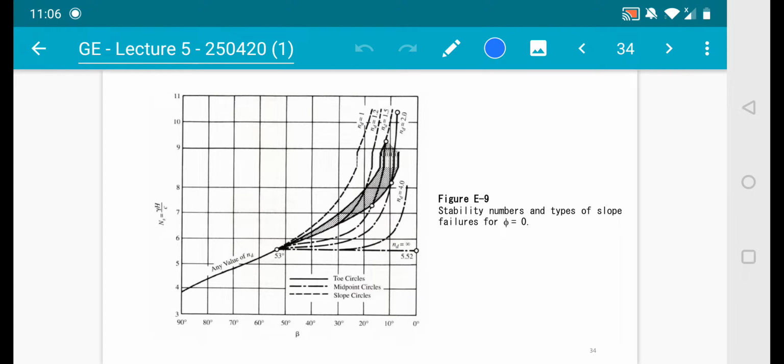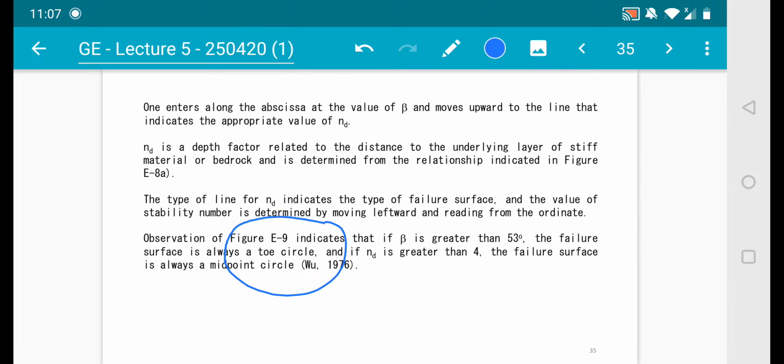So 53 onwards means if you have more than 53 degrees, it is always this type of failure, which is the toe circle. Thanks again to Bing Feng for pointing it out. I hope the rest can take note of this mistake.